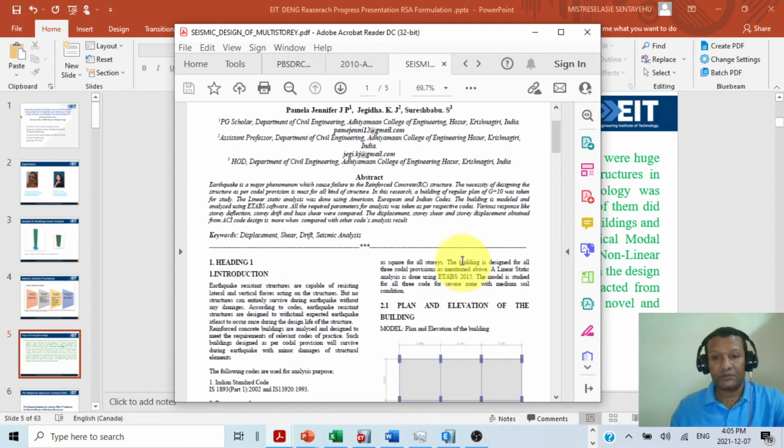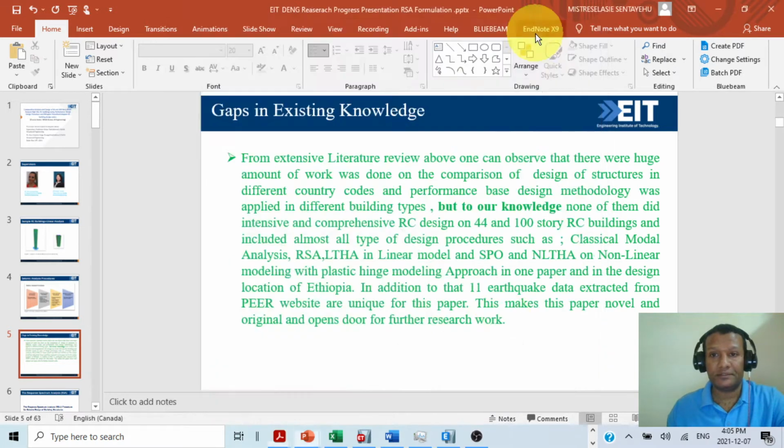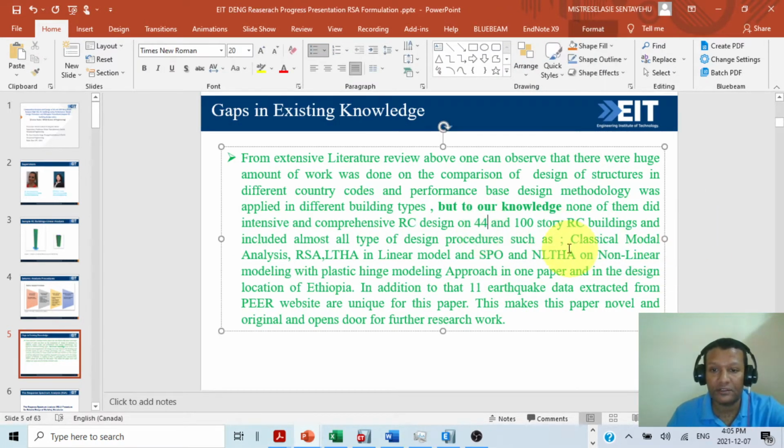So a lot of comparison work was done in different research works, but as I said, this work will compare 44 and 100 story buildings, for almost all kinds of analysis, and we will have linear and non-linear analysis as well.